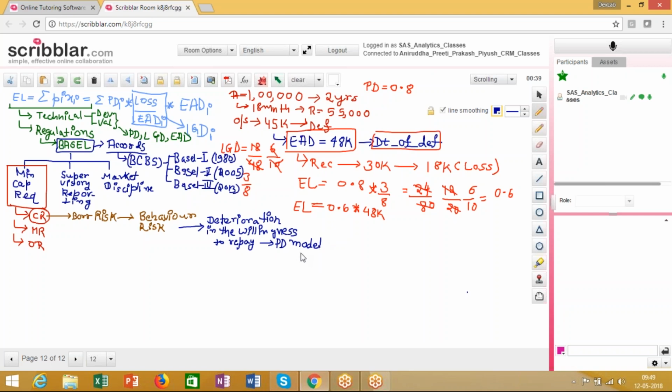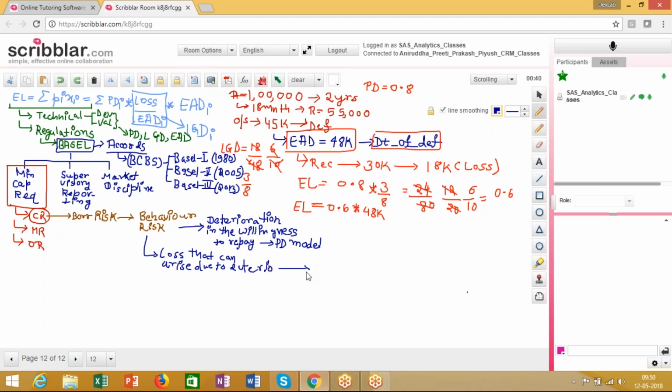On the other hand, when I'm assessing behavior risk, I'm also assessing the loss that can arise as a result of the deterioration.